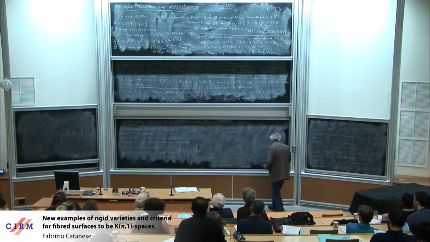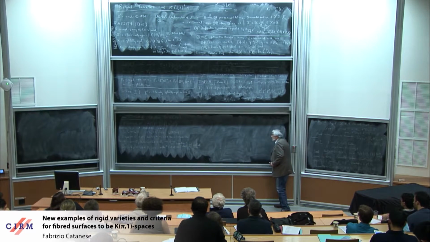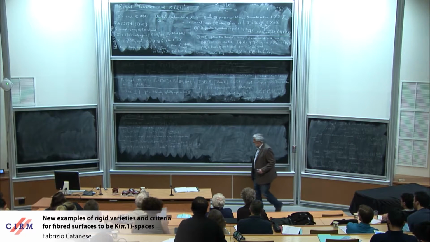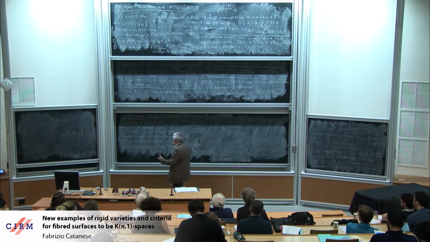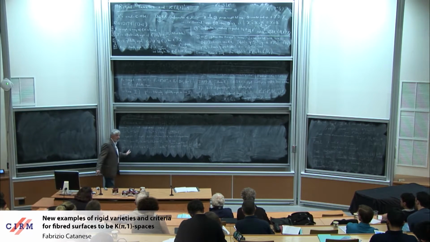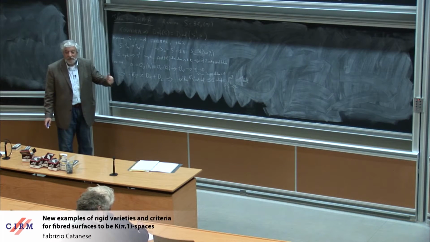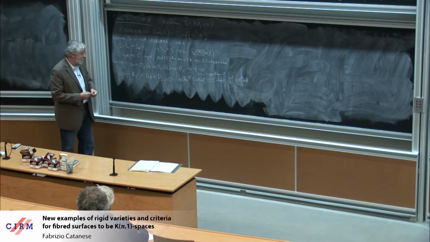Or the alternative: minus k is effective, so either it is a curve and is not nef, or it is trivial.